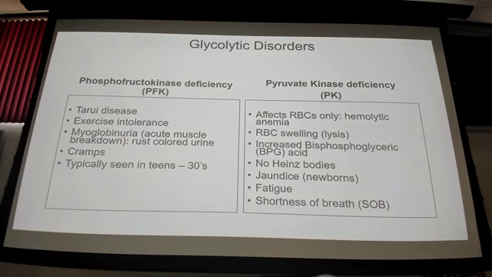So when there are deficiencies in glycolytic enzymes, you have what's called glycolytic disorders. We have phosphofructokinase deficiency, PFK deficiency, and pyruvate kinase deficiency, PK. In phosphofructokinase deficiency, the enzyme phosphofructokinase is defective, and that's going to cause our muscles to fail because glycolysis cannot occur and produce ATP.